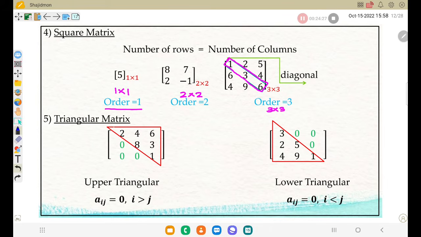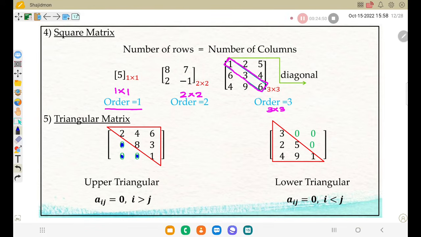If the top side has numbers and the down side has 0, for example here 0, here 0, here 0, that matrix we are calling an upper triangular matrix. So upper triangular means down to the diagonal, where the diagonal numbers are 2, 8, 1, the 3 numbers are 0, for a 3 by 3 matrix for example.